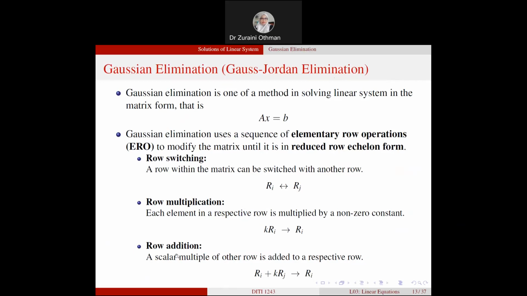For row addition, we usually want to get 0 for the entries. For example, with rows 1, 3, 2, then 0, 1, 2, and then 3, 2, 1. Remember previously, we want to get this place to be 0. That's why we have to do row addition.